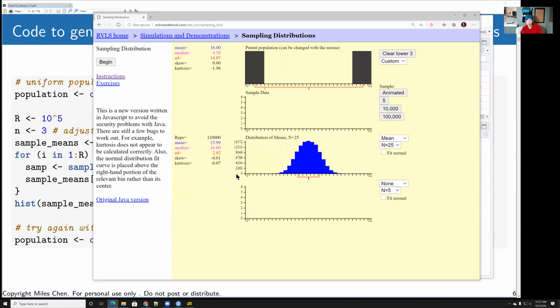Okay, so I think it's neat that even though our parent population is this weirdly dichotomous population, when we take small samples, we're getting something that looks nothing like any other distribution we've seen. But then when I bump up the sample size to a very large value, we end up getting something that looks a lot like the normal distribution.